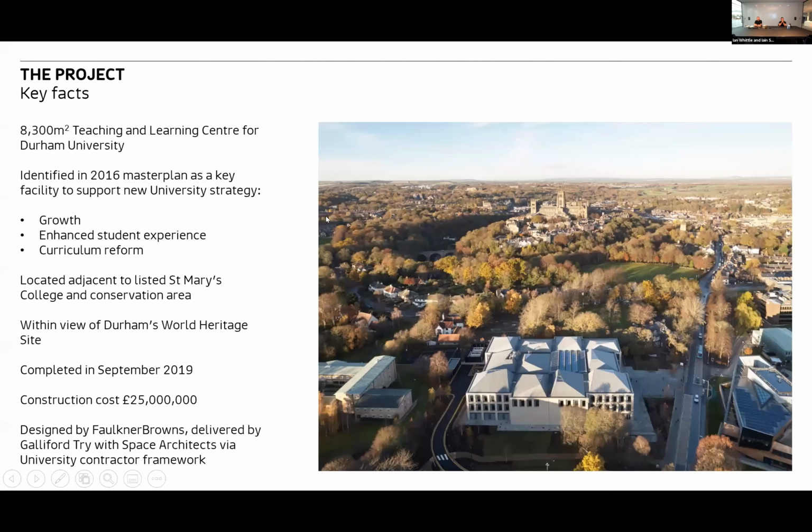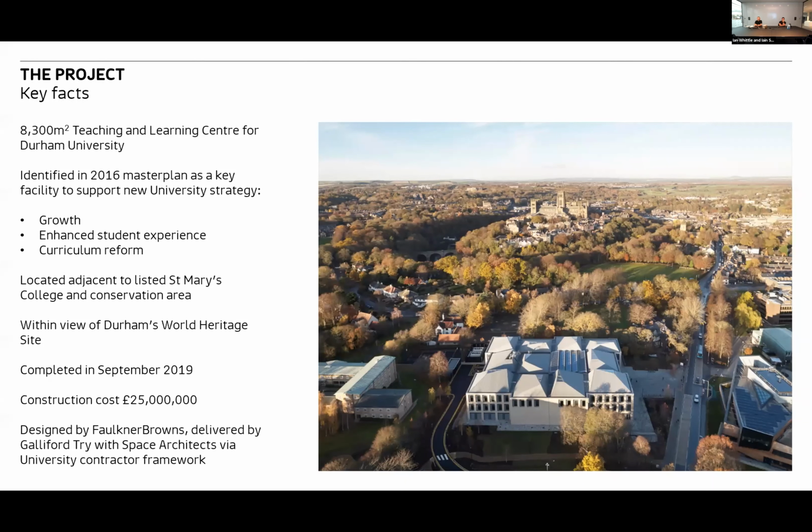So a bit of a change of scale here. We were appointed around about 2016 to produce a new master plan for Durham University. And really that was about, for the university, transforming the student experience, both in terms of how they teach and the services that they provide, but also substantially growing by probably around about 30% over the next 10 years.